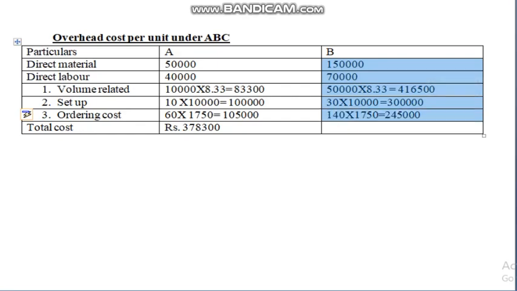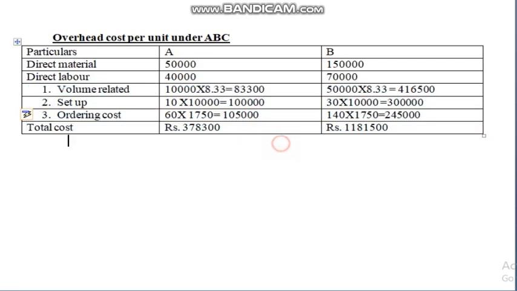So the total cost will be rupees 11,81,500. So the total cost for product A is 3,78,300 and for product B is 11,81,500.